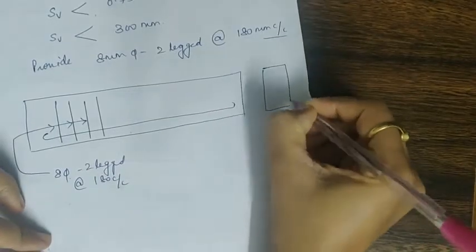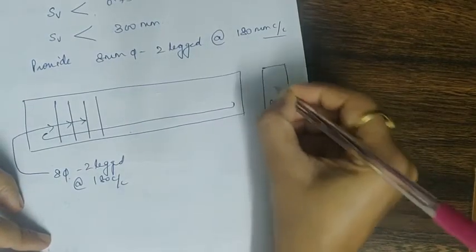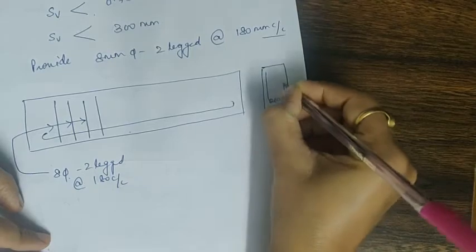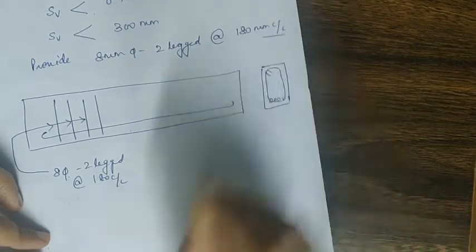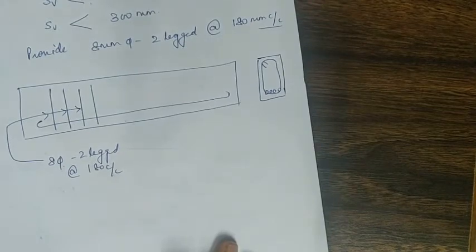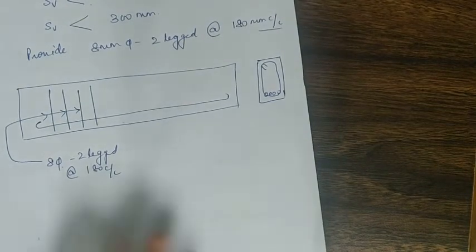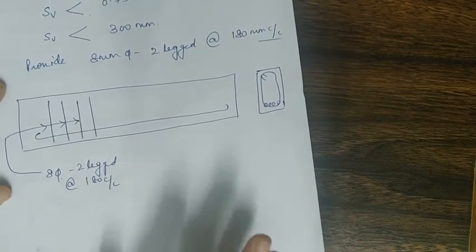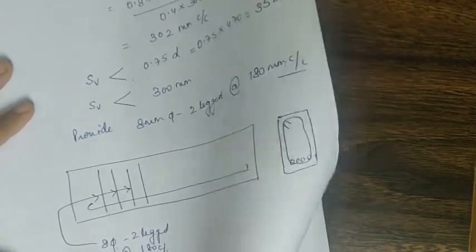Clear? And in the cross section we will show the reinforcement to be going around this and will be creating a stirrup like this. Is it okay? Clear?